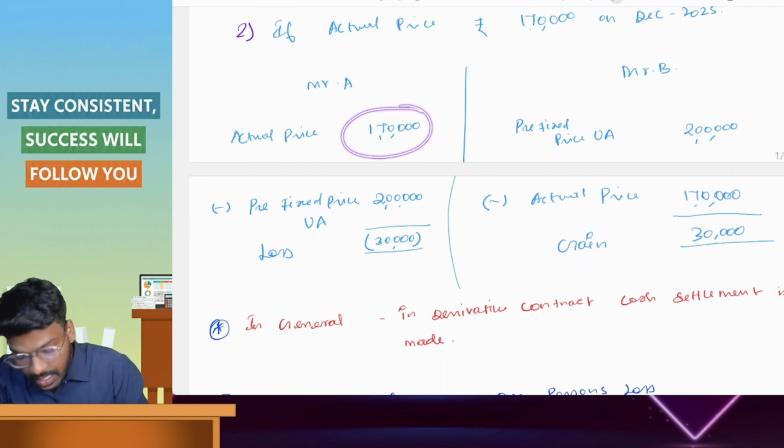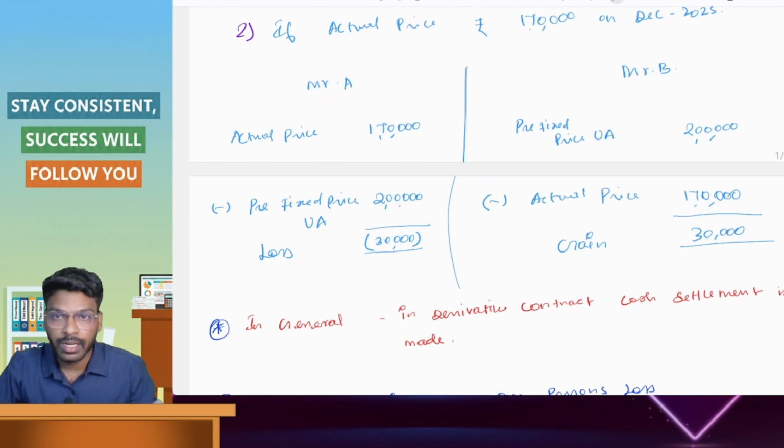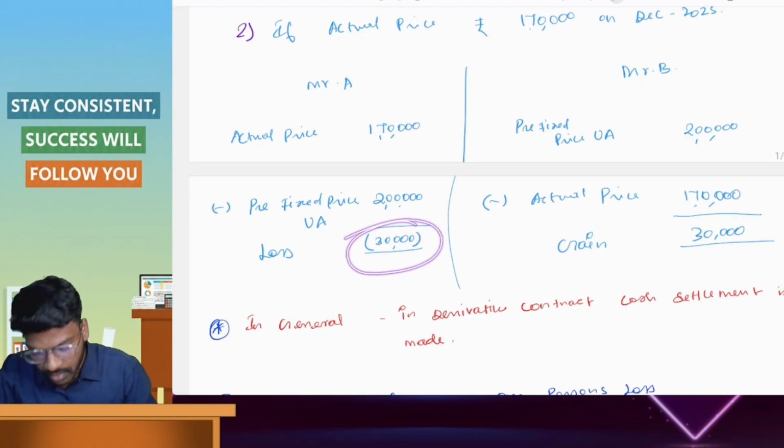He will sell that MRF share after purchasing the share from Mr. B. He will sell the shares in the market for 1,70,000. So he will make a loss of 30,000.